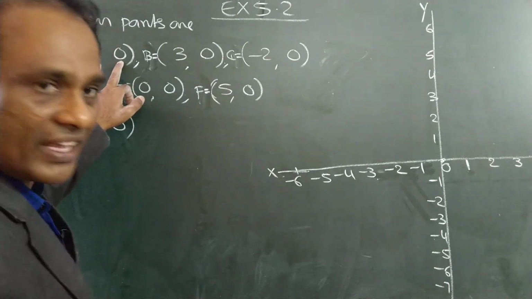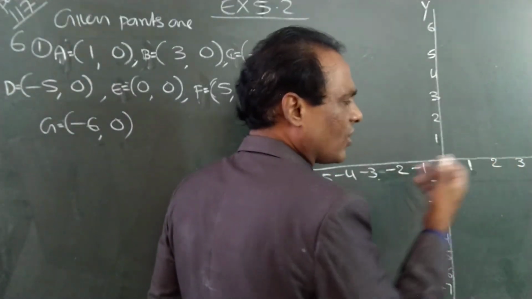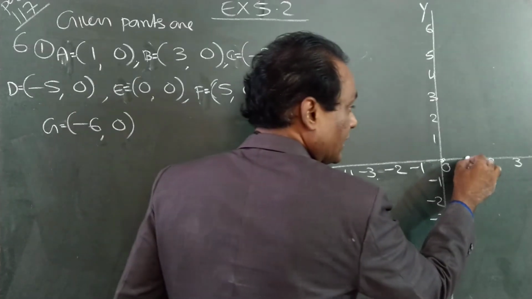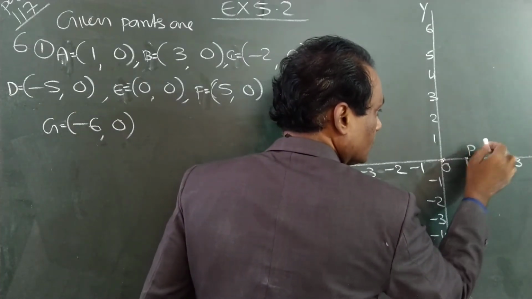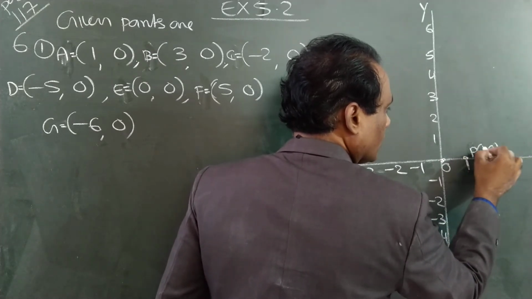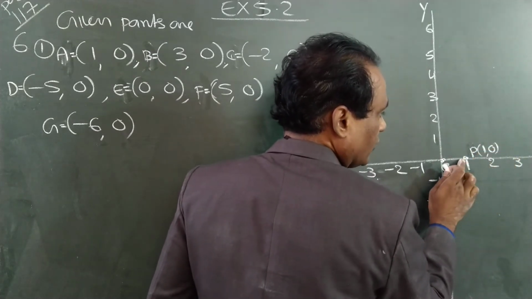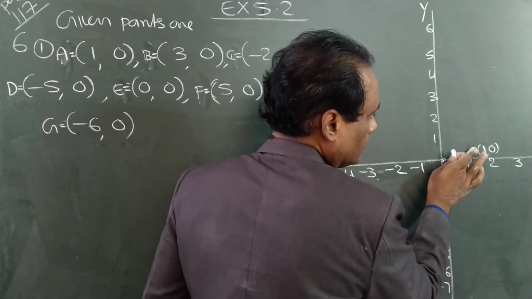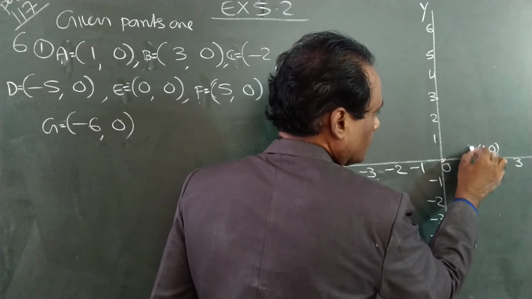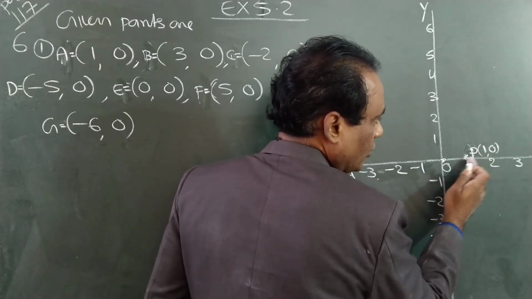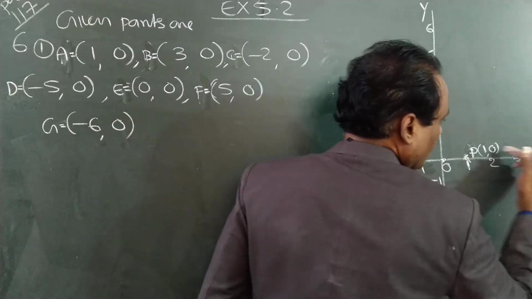On the x-axis, y is 0. So where is that 1, 0? Here. Any doubt in this? This is 1, 0, because x value is 1, and on the x-axis y is 0.